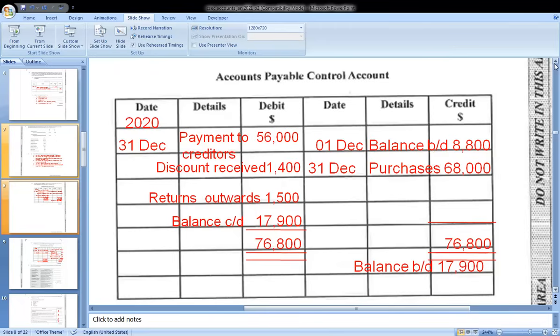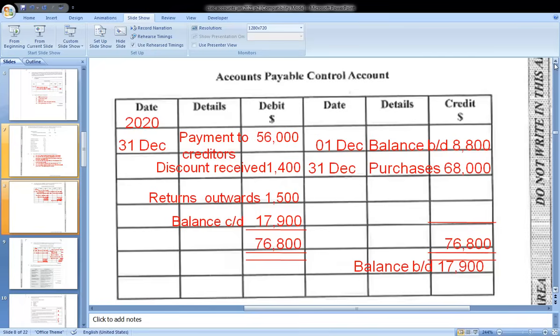On the 31st of December, we got purchases of $68,000. Now when we add the balance brought down, which they gave us on the first, 8,800, we have a total of 76,800.